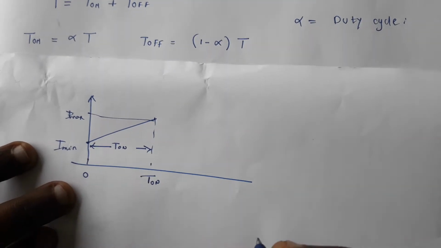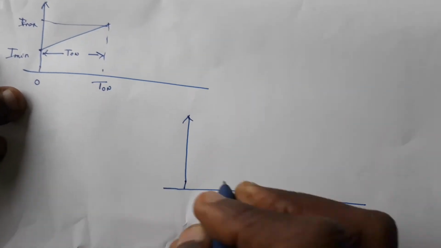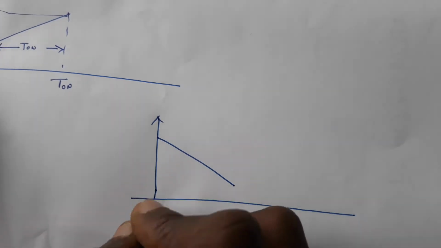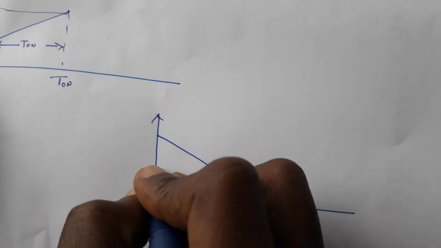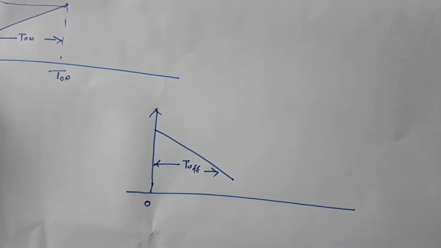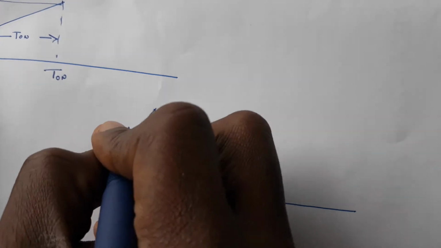In a similar manner, when the switch is turned off, the inductor current falls from Imax. Having this point as 0, it is going to take a period T off to reach its minimum value, Imin.